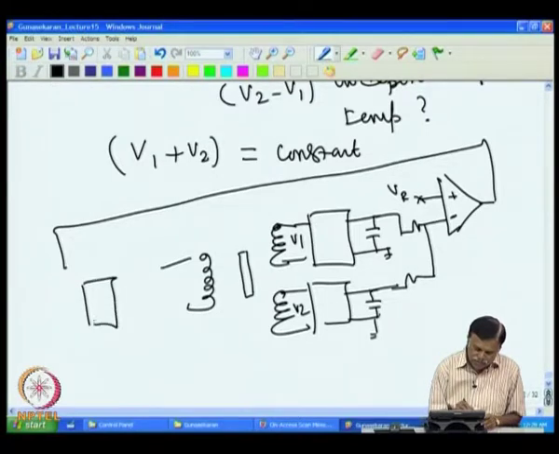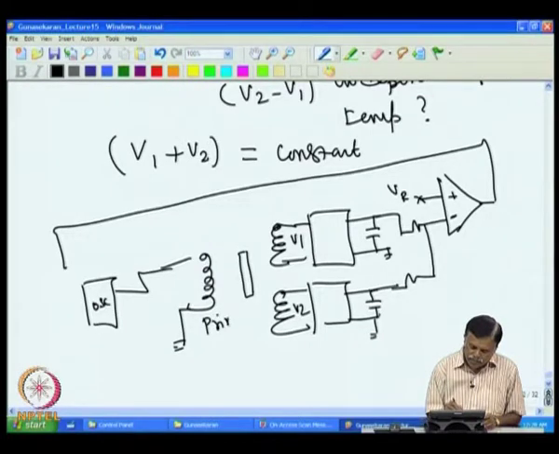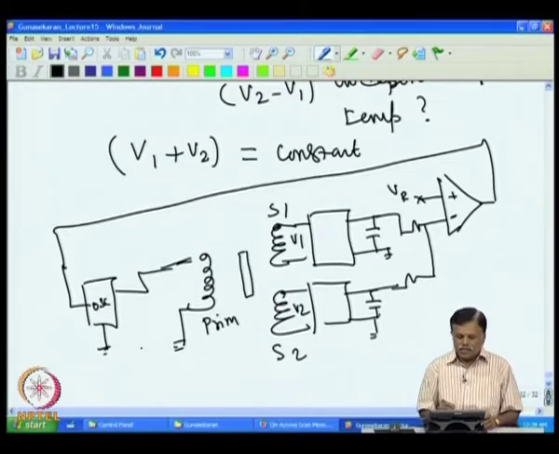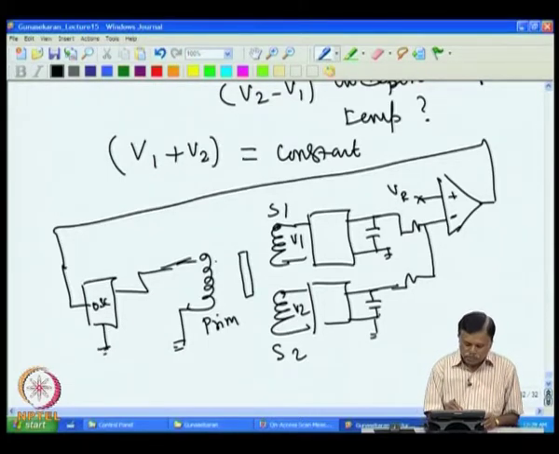Here is the oscillator circuit. The oscillator drives this LVDT primary, this is the primary of the LVDT, and this is S1, secondary 1, secondary 2. Now this will control the oscillator output, so that the amplitude of the sine wave oscillation changes depending upon the output of this error comparator.